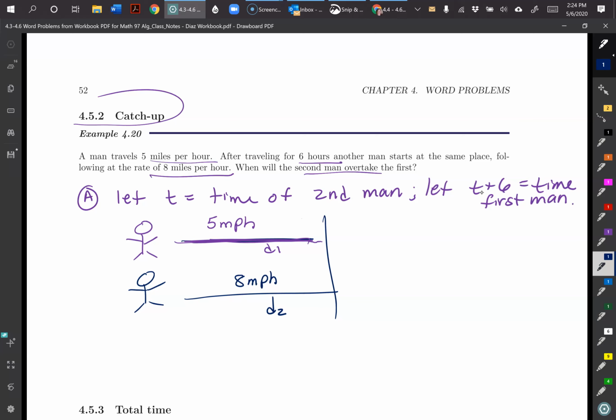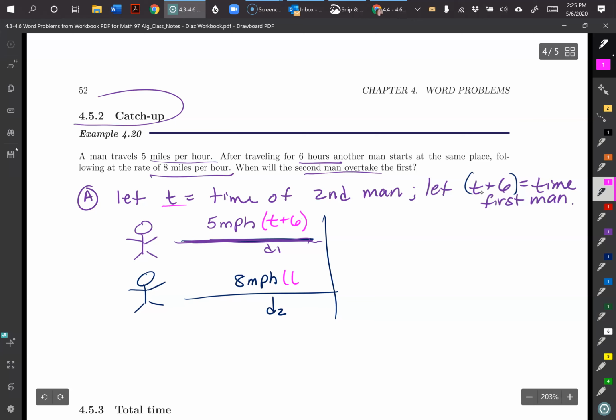The thing we have missing here is our time. So distance 1 will equal 5 miles per hour for person 1 times the t plus 6 over here. And then the 8 mile per hour person is just 8 times t.